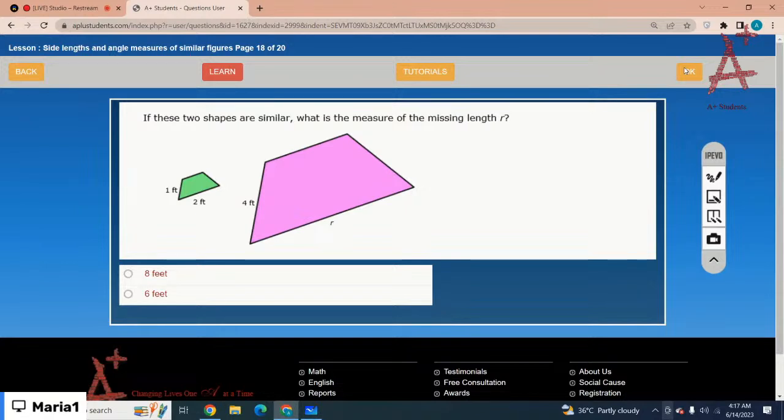If these two shapes are similar, what is the measure of the missing length? Very good. The missing length is 8 feet.